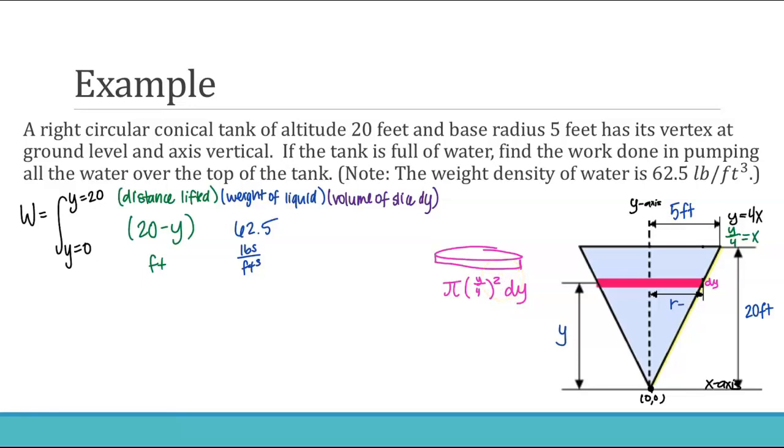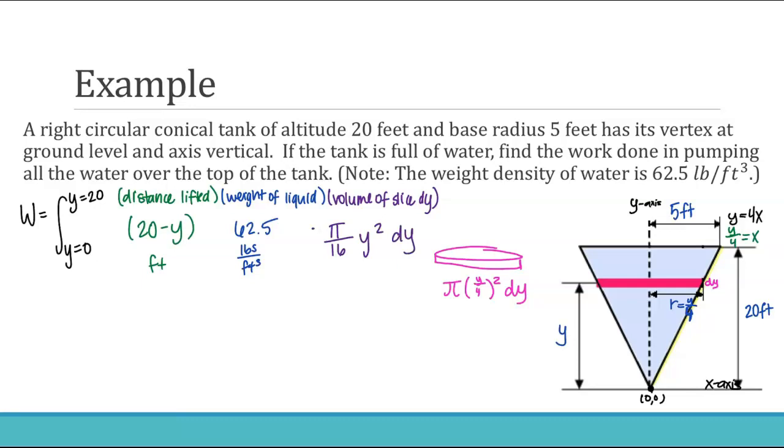So r was y over 4. All right, so that's what's going to come over here as the volume of the slice. So we have pi times, let me go ahead and start to simplify this a little bit. Pi over 16, 4 squared is 16, and then y squared dy.